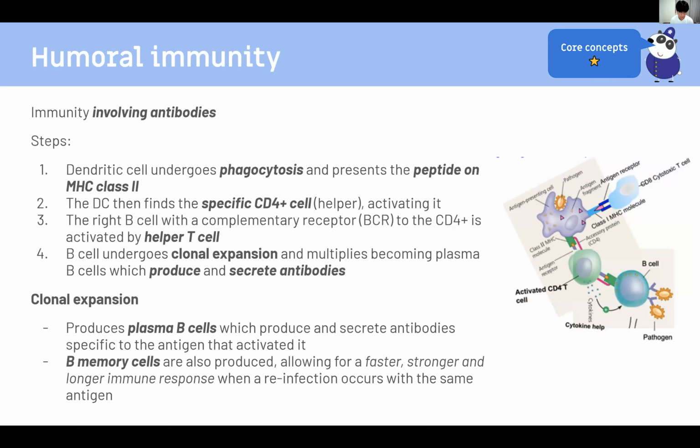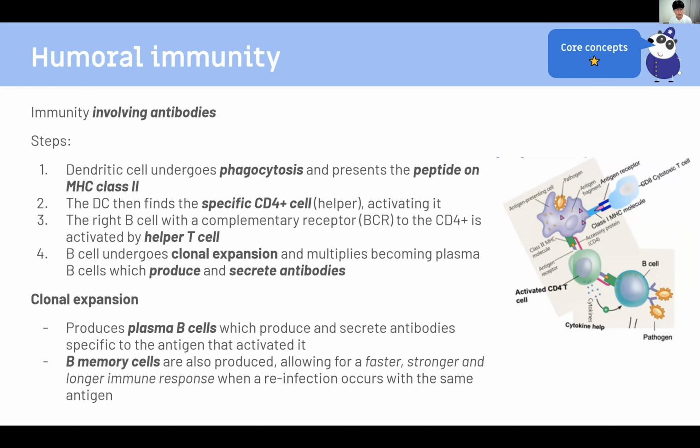For humoral immunity, this is immunity involving antibodies. So there are antibodies. This will involve B cells, but also T cells. How it works is that dendritic cells will undergo phagocytosis and present the peptide on MHC class 2, again, as previously. Then the dendritic cell will find a specific CD4 plus cell or helper cell, activating it.